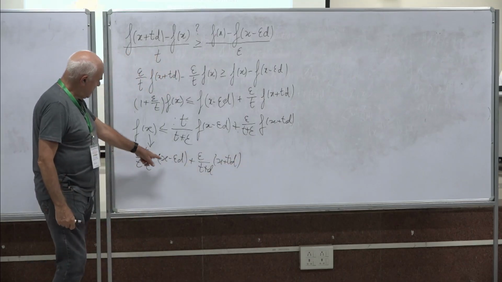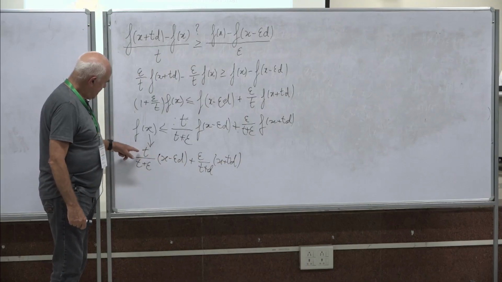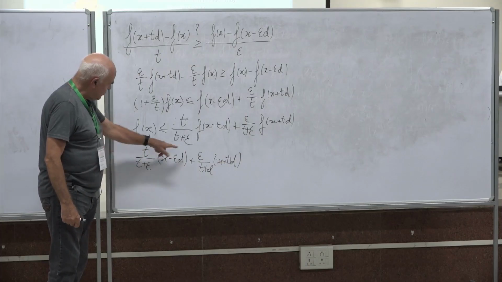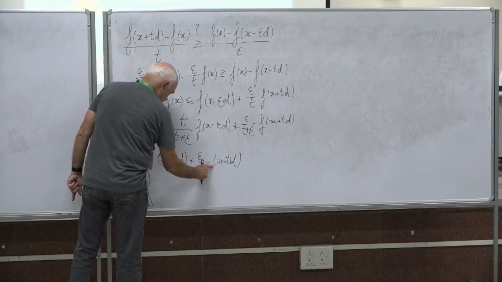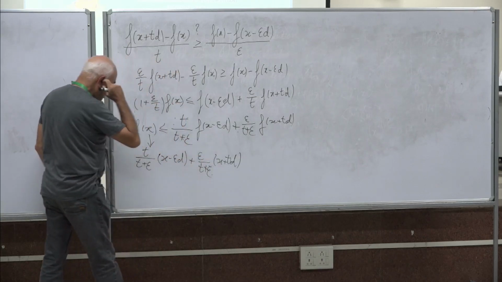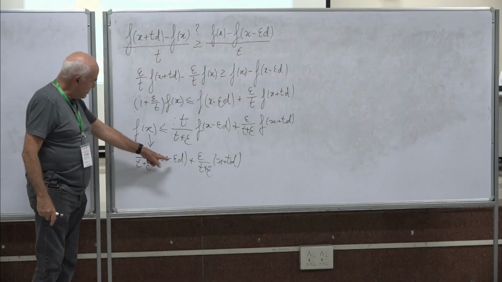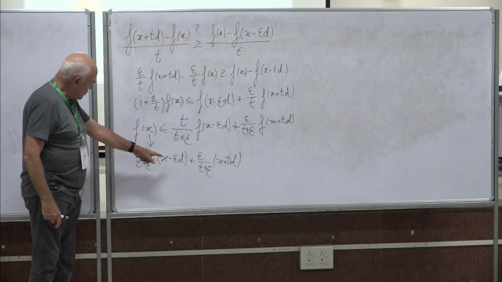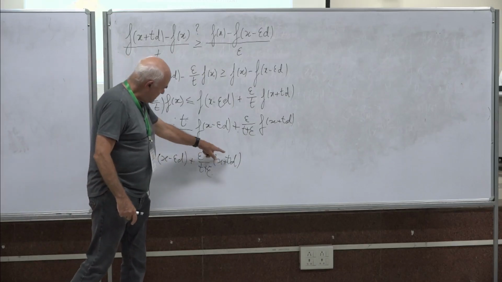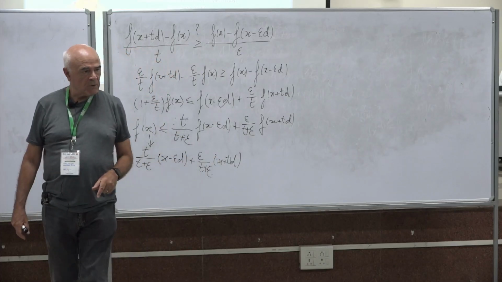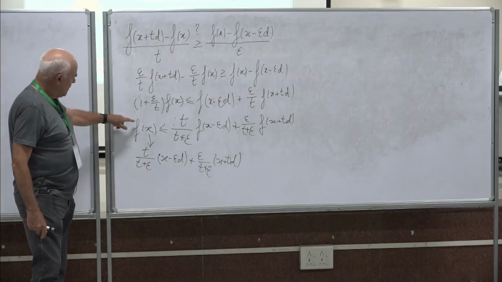We can check x: the factor is t over t plus epsilon plus epsilon over t plus epsilon, which is equal to 1, so it is x. And the term in d vanishes, because the coefficient is minus epsilon t over t plus epsilon plus the same, epsilon t over t plus epsilon. So this equality is true.